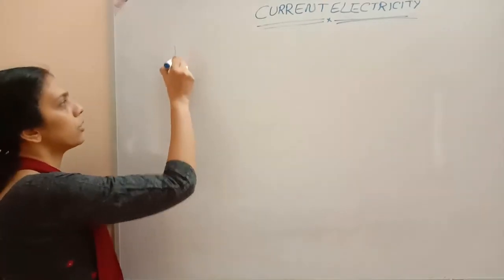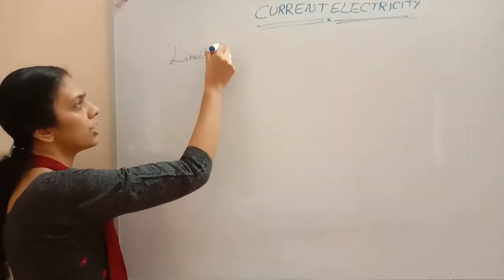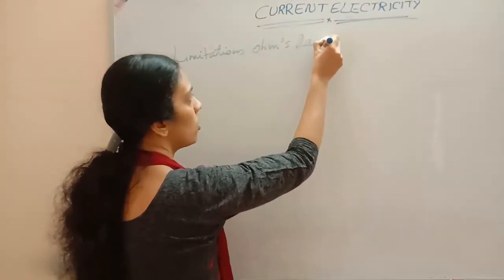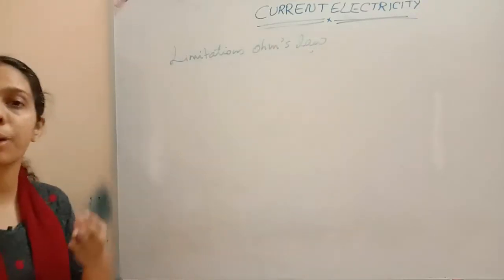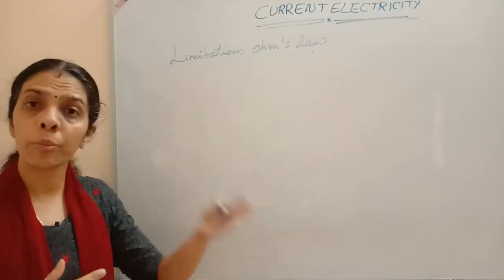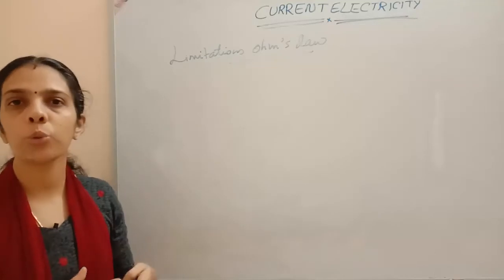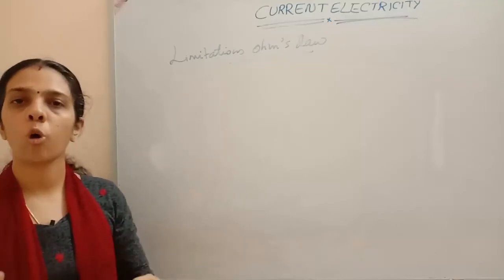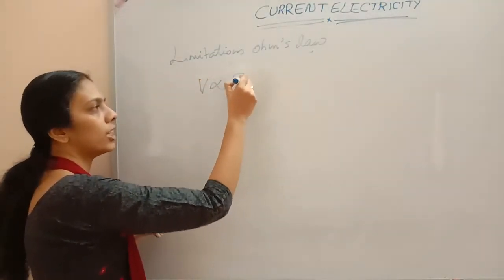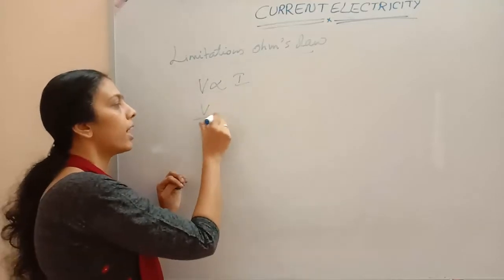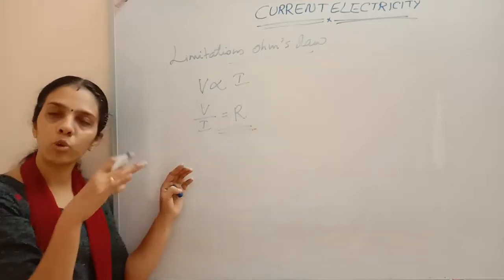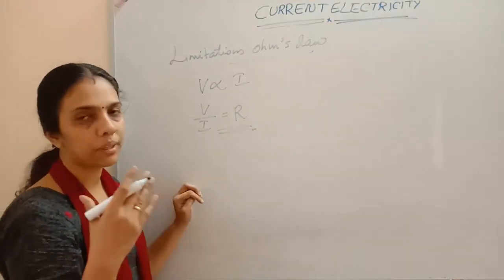Clear? Next, we are going to study the limitations of Ohm's law. Ohm's law means V is proportional to I. The materials which obey Ohm's law are called ohmic conductors, and those which do not obey Ohm's law are called non-ohmic conductors. We already said V is proportional to I, that is V by I equals R. This relation is relevant for ohmic conductors as well as non-ohmic conductors.